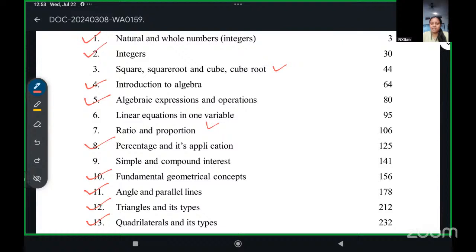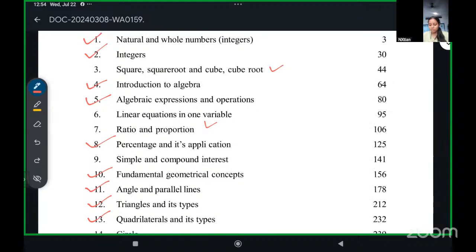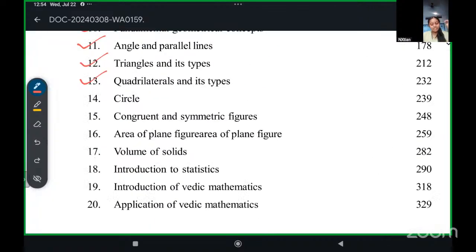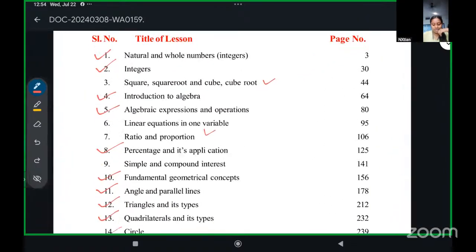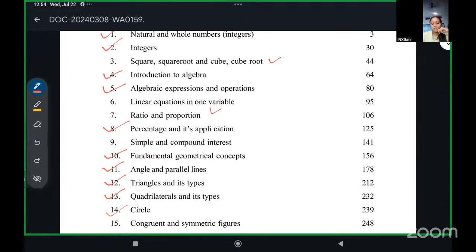We want to do something a little bit more on the easy side first, and then we'll move on to some chapters such as ratio proportion, the ninth chapter and all. Or we can start the 14th chapter. You have a choice: third chapter or 14th chapter. Any one of them we can start today.